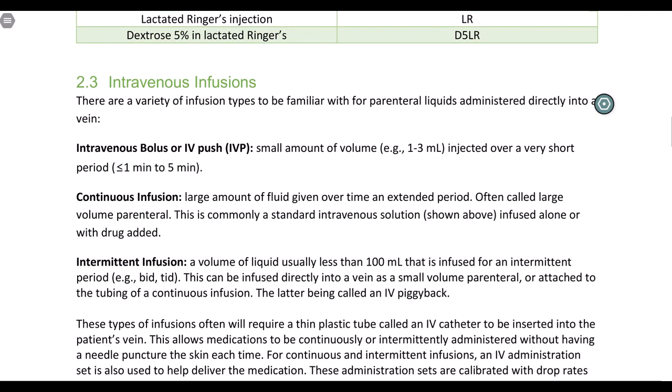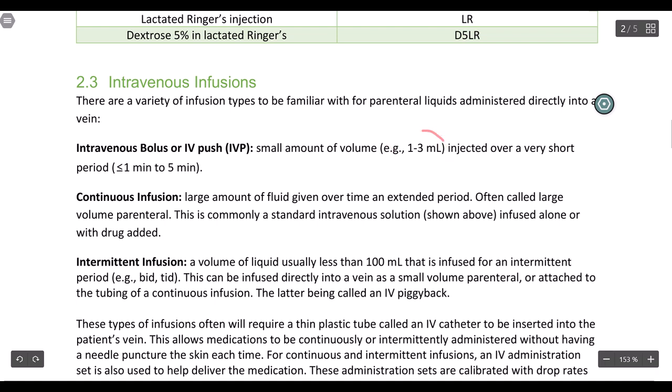So what I was referring to before is that we sometimes will be administering drugs over a period of time. So the liquid is going to be slowly infused into an individual and not directly administered. The smallest thing is something called an IV push or an IV bolus. This is where you're giving a small amount of volume.